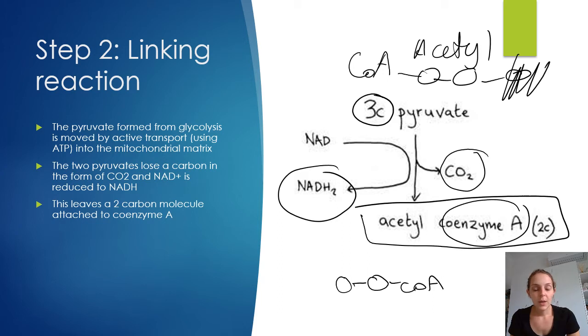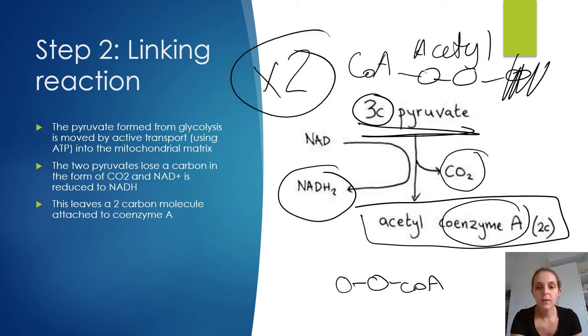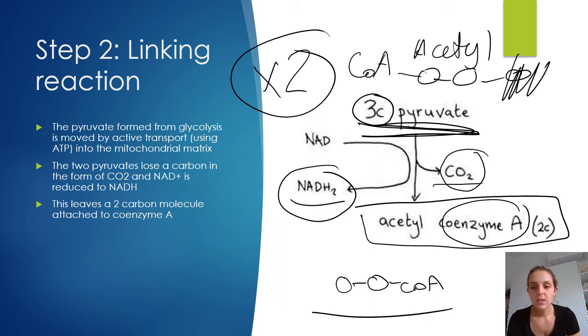Again, if you want to know the chemistry behind this, have a look at the booklet, but bear in mind that we're doing this twice because we have 2 pyruvates. So in this linking reaction, we're getting 2 acetyl-CoAs, 2 NADHs, and 2 CO2s. We'll come back to this point once we finish the Krebs cycle.